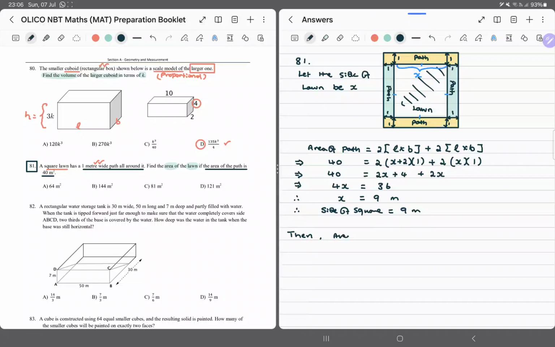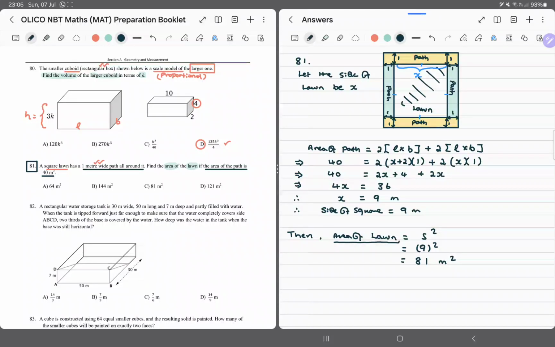the area of lawn is going to be s squared. Remember, this is an area of a square, which is going to be 9 squared, this becomes 81 meters squared.